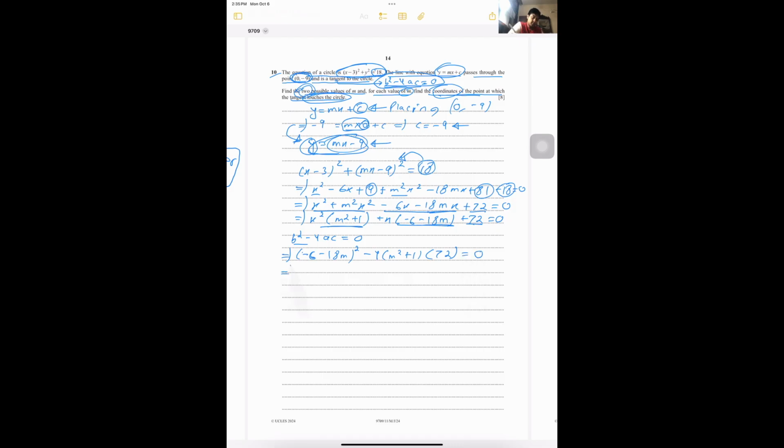Now we'll expand this, which will become 36. Then we'll have minus 2 into minus 6 and into 18m, minus 4 into 72.